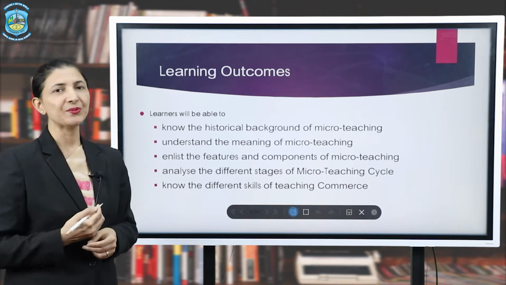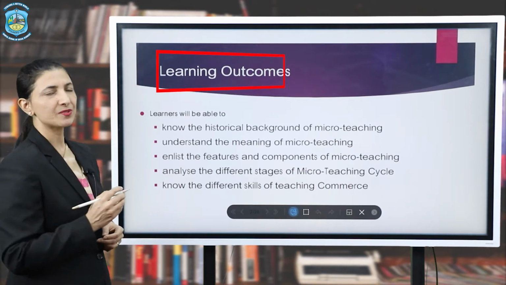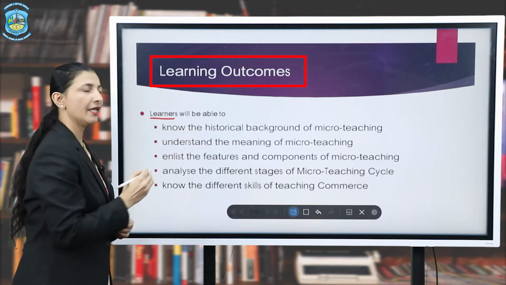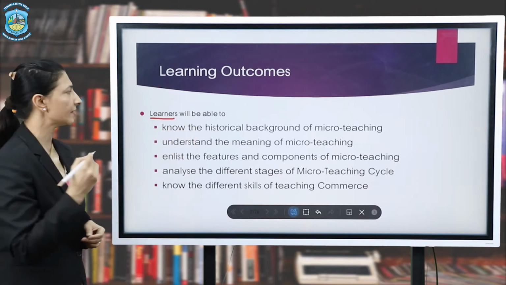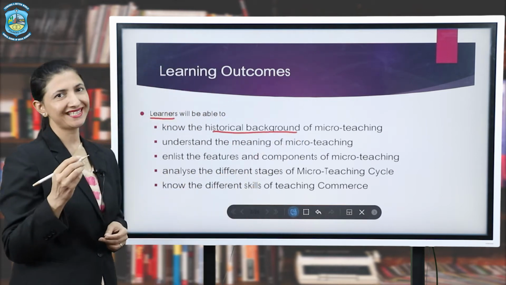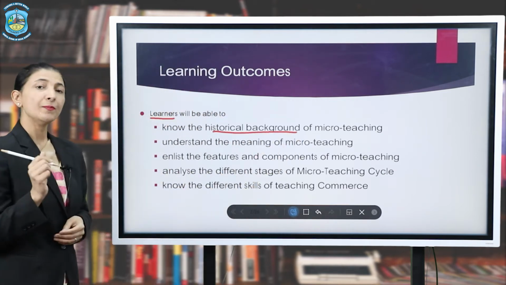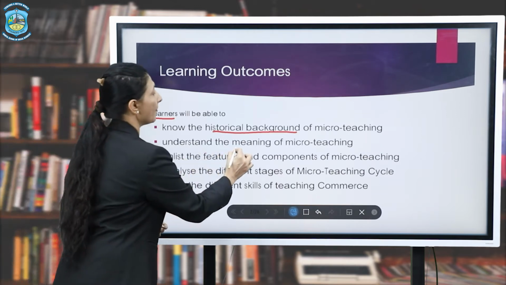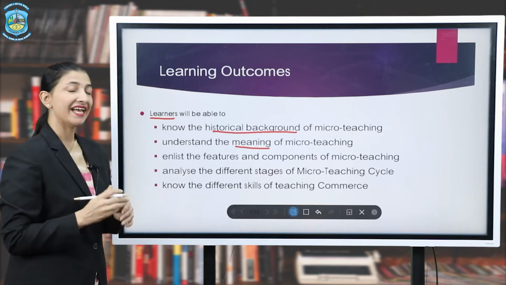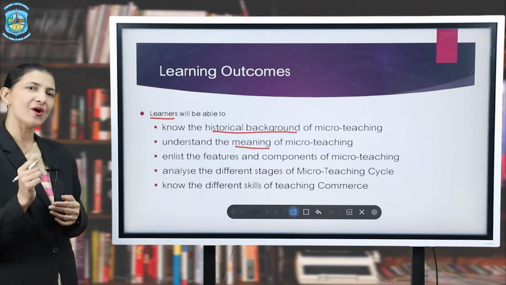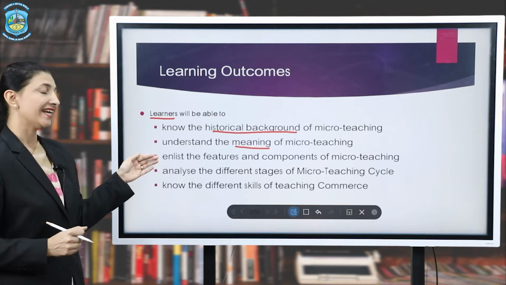Now let's know the learning outcomes of this module. Learners will be able to know the historical background of micro teaching. They will be able to understand the meaning of micro teaching, and list the features and components of micro teaching.